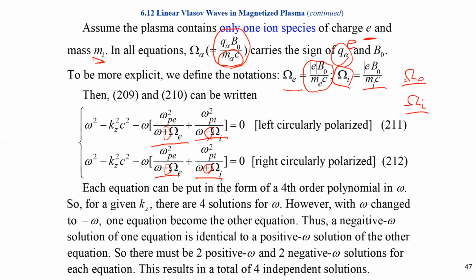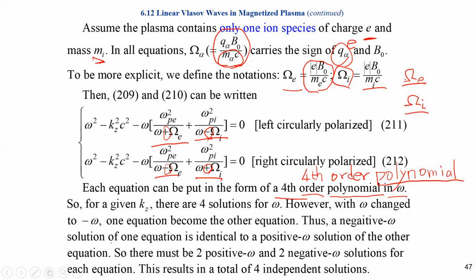Each equation can be put in the form of a fourth order polynomial in omega.